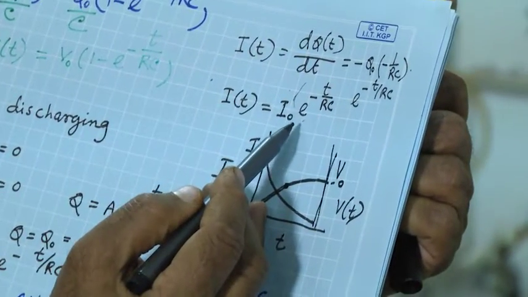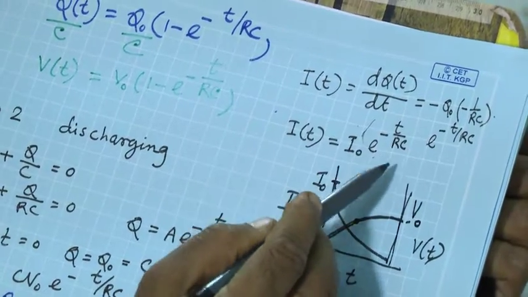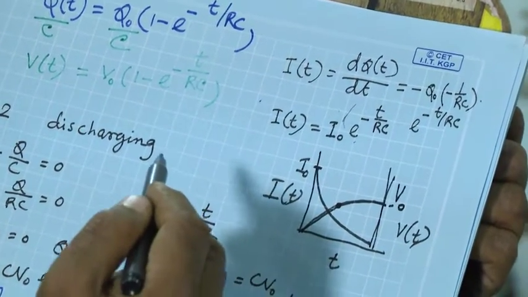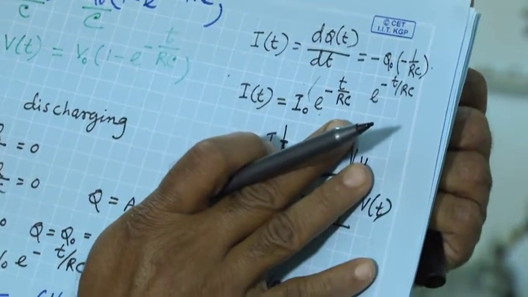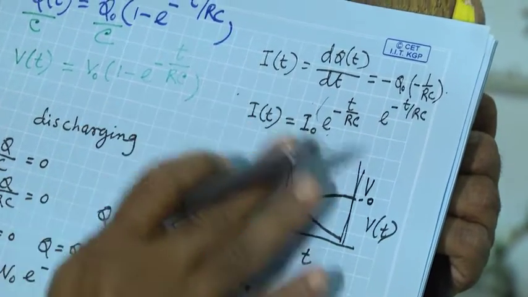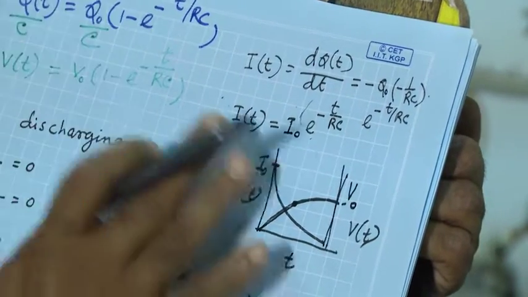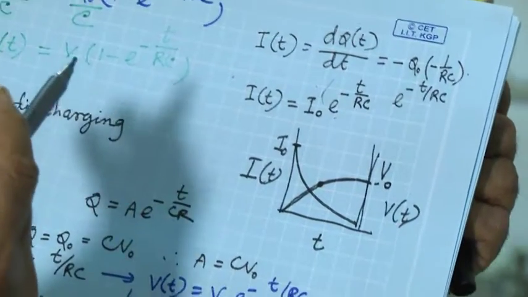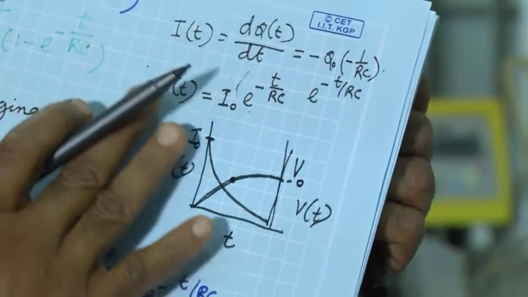So m is the slope, and the magnitude of m is basically 1 by RC. So the inverse of the slope will give you the value of RC. So we will use a logarithmic plot and then find out the slope, and the inverse of the slope will be the time constant for this circuit. So this is the purpose of this experiment. So I will stop here. Thank you for your attention.